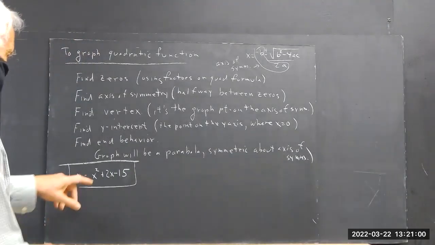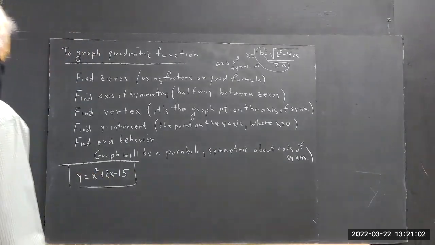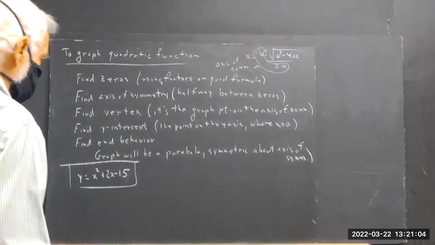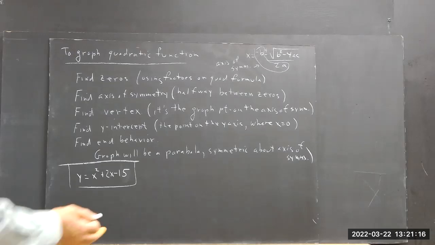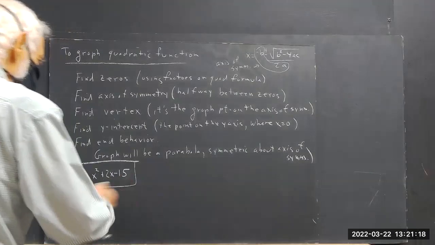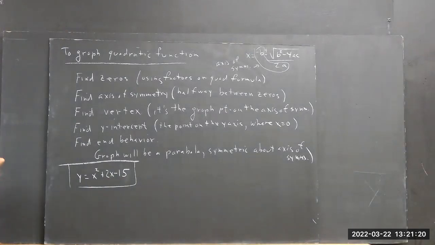Okay, here's your function. Now, actually, this thing factors into x plus 5 and x minus 3. Sounds inconvenient, but I expect everybody went with the quadratic formula because that's what we did, and that's what you usually have to do anyway.